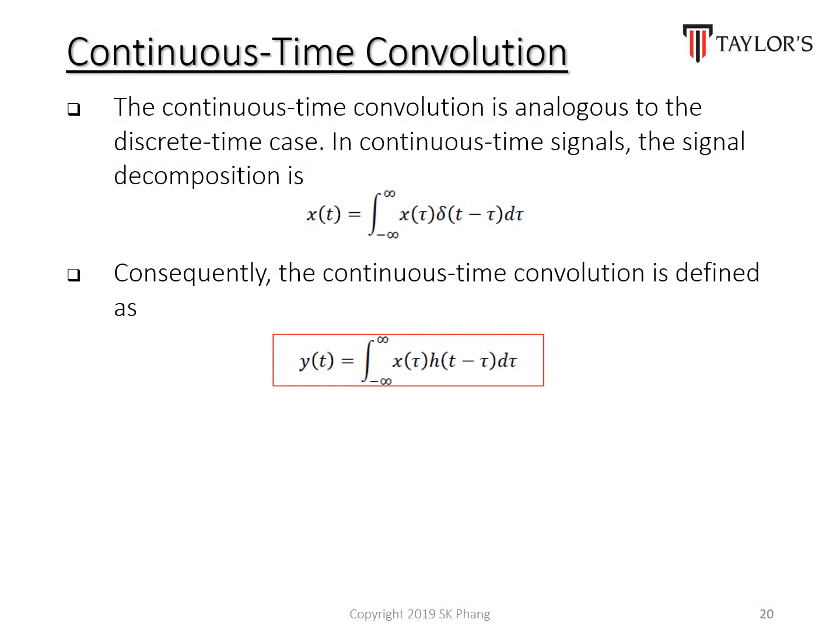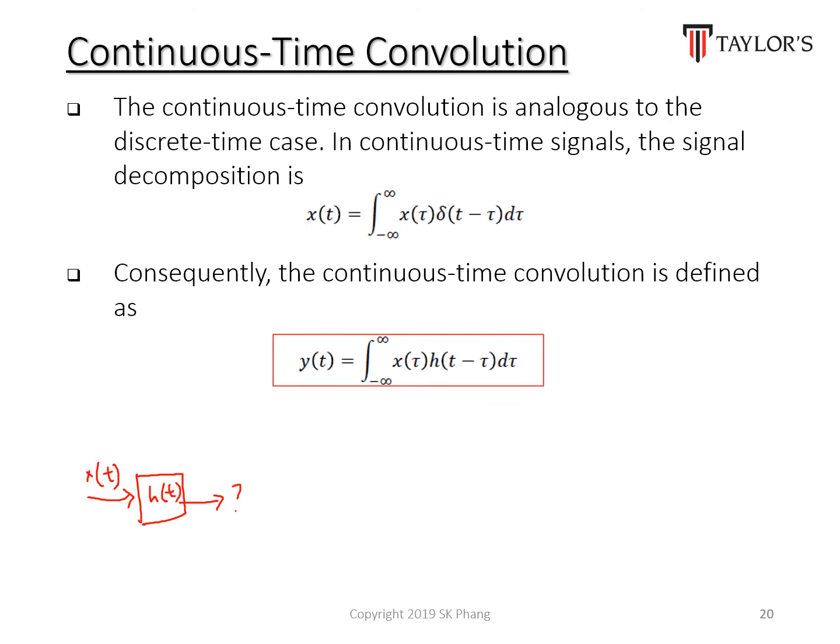All the examples that we have seen in the previous graphs are all on discrete time systems. So what if the convolution is in continuous time systems? So let's say we have a signal that goes into a system, and then we want to find out what the output is, and this system happens to be continuous. We have h(t) and x(t) over here, and both of them are continuous signals and continuous systems.